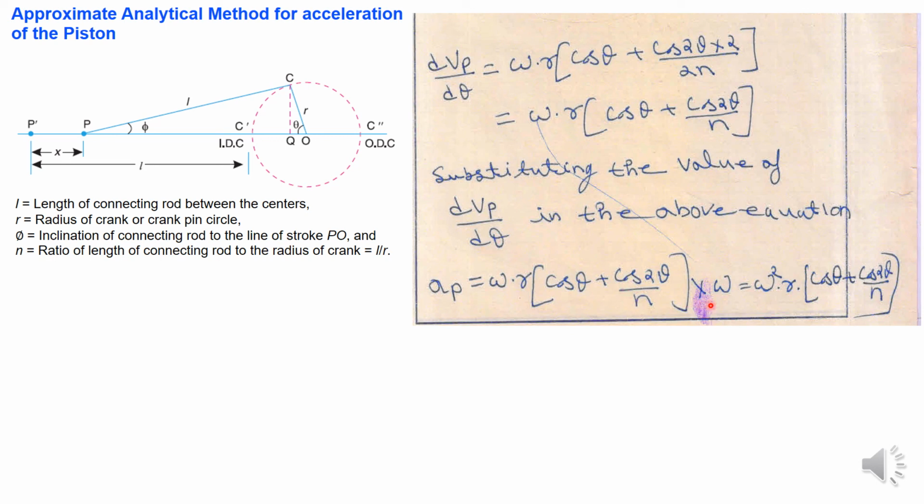Substituting the value of dVp by d theta in the above equation, we get ap is equal to omega r, cos theta plus cos 2 theta by n, multiplied by omega. After simplifying, multiplying this omega into the term, we get the final solution: the acceleration of the piston is equal to omega square r, cos theta plus cos 2 theta by n.